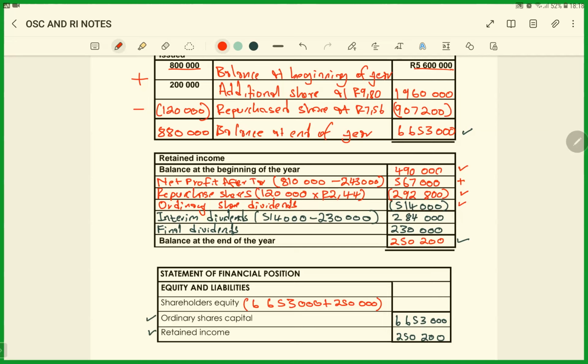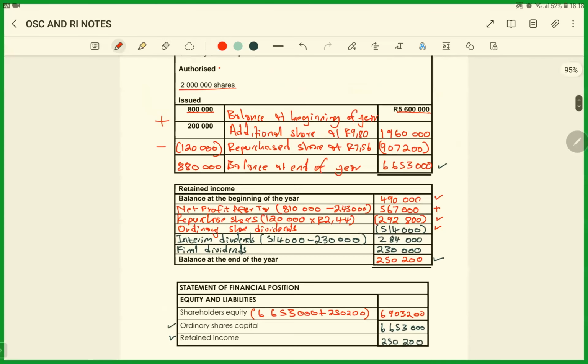Yes, okay. I got 6,903,200. Okay, so that's how we prepare the ordinary share capital note and the retained income.